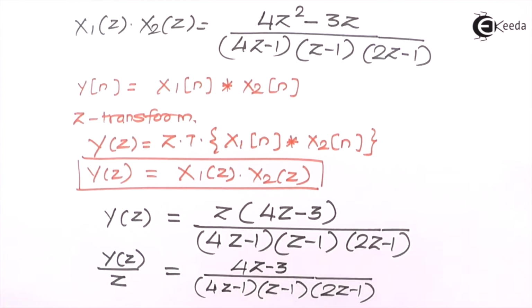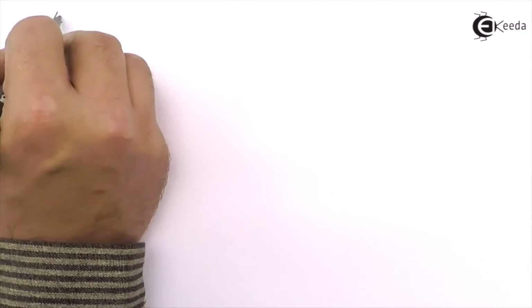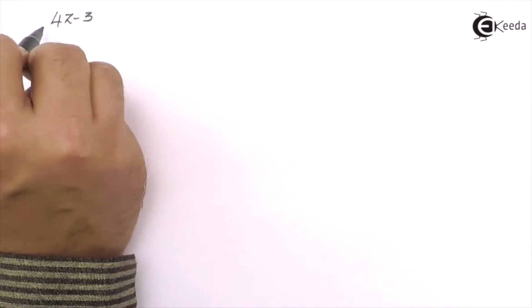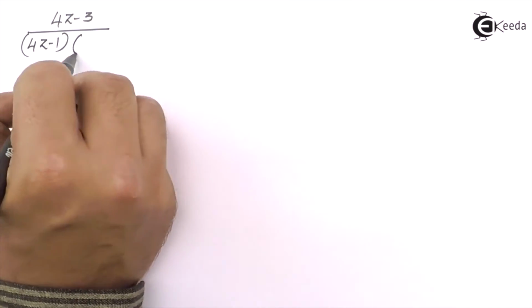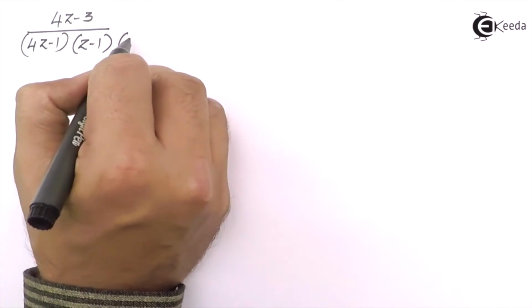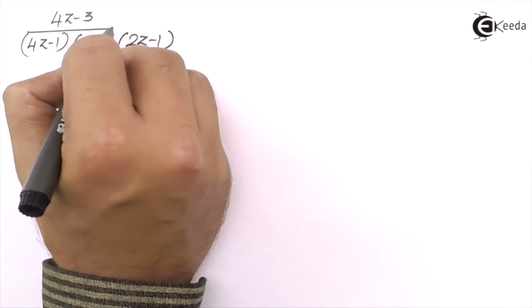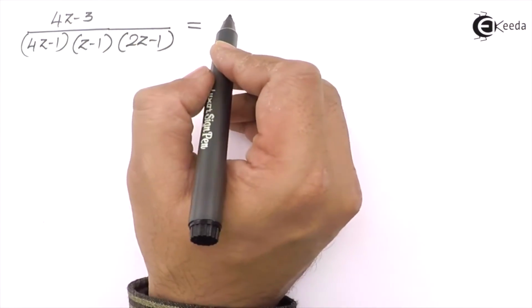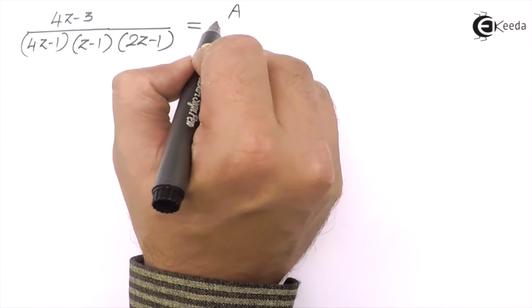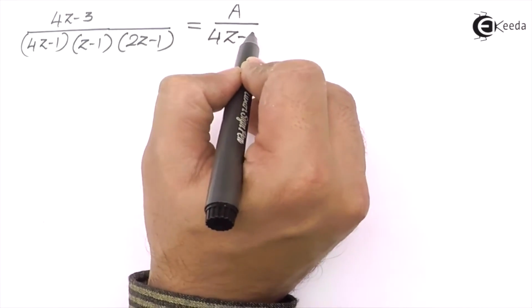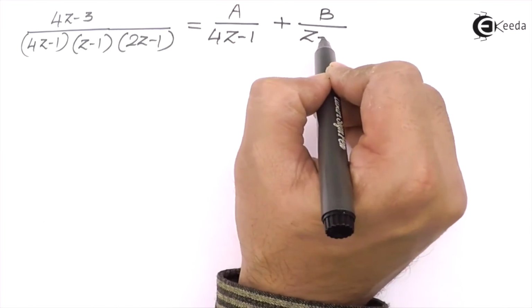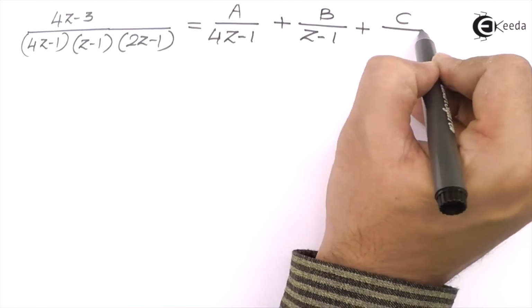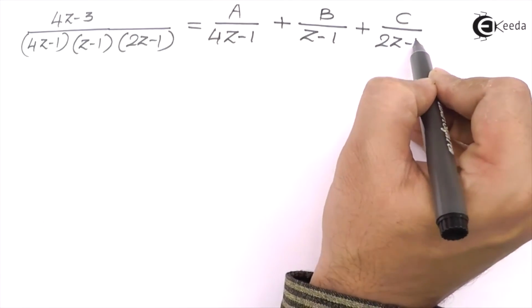So we have to do a partial fraction of this. All the factors are linear, so it's A divided by (4z - 1) plus B divided by (z - 1) plus C divided by (2z - 1).